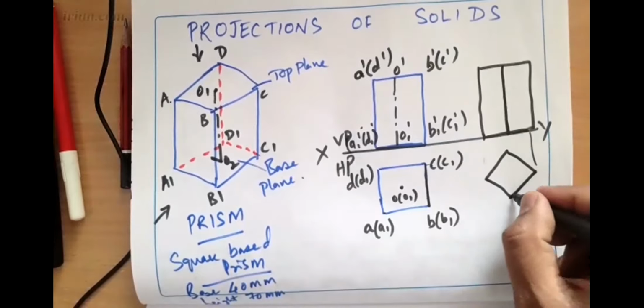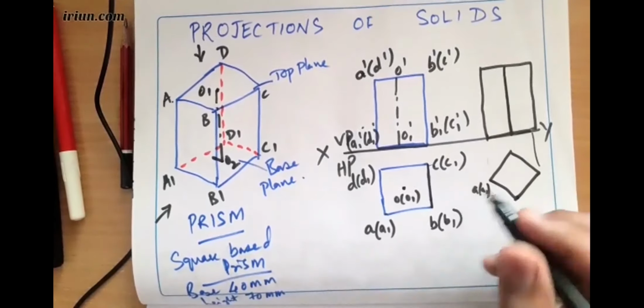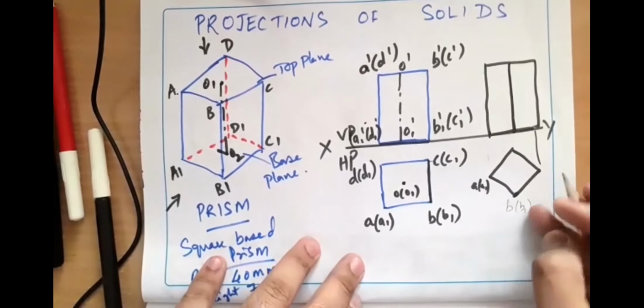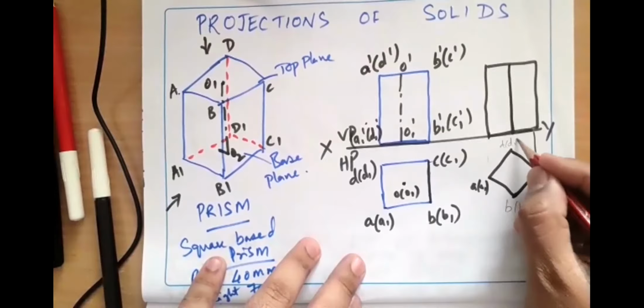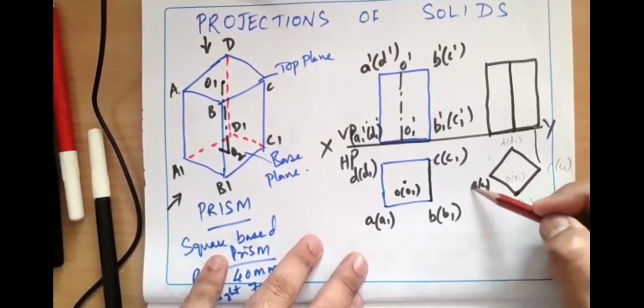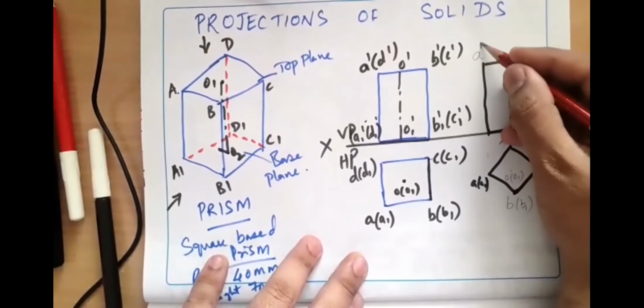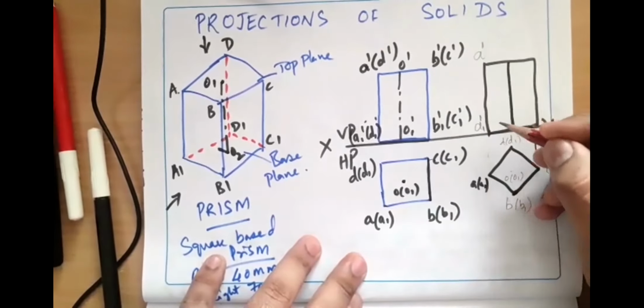This edge, which is represented, I can name it as A of A1, B of B1, C of C1, and D of D1, and here O of O1. So here I'll name it as only A dash, and here it will be A1 dash.